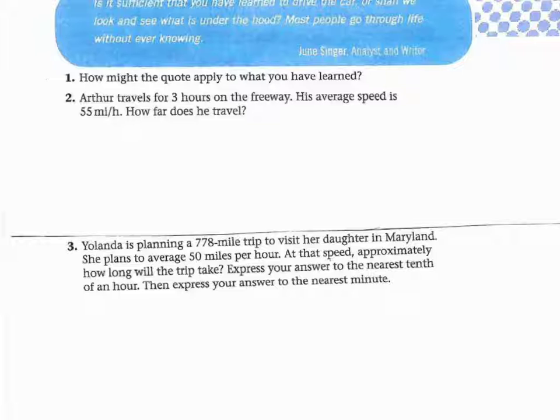All right, we start with number 2. Arthur travels for 3 hours on a freeway. His average speed is 55 miles per hour. How far does he travel? Okay, to determine that, we use our distance formula, which, to refresh your memory, is distance equals rate times time.